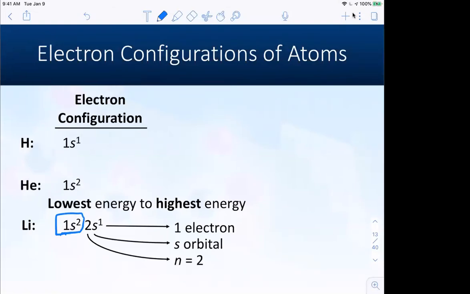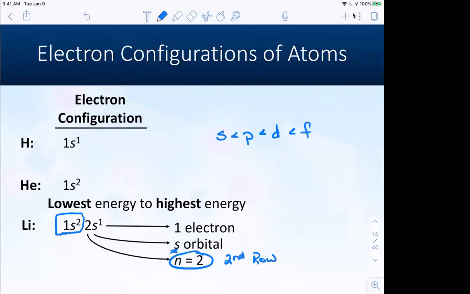The first energy shell is filled. 2 of those 3 electrons fill up the 1s2 subshell in that first energy level. And then I'm in my second row. So I'm in energy level 2, which is n equals 2. I have 1 electron left to fill. So I put that in the lowest energy subshell in my second row, which happens to be S. Remember, S is filled before P, which is filled before D, which is filled before F.